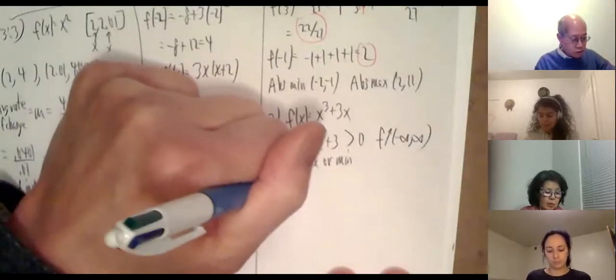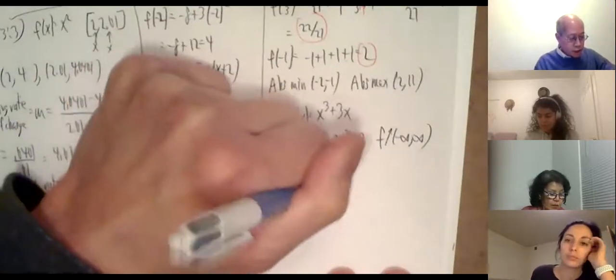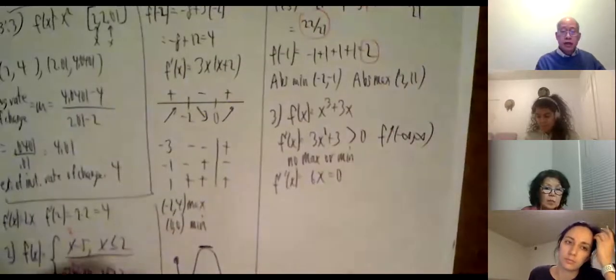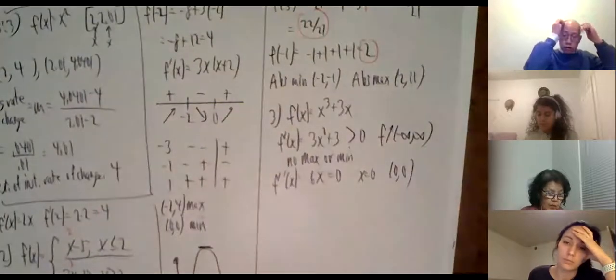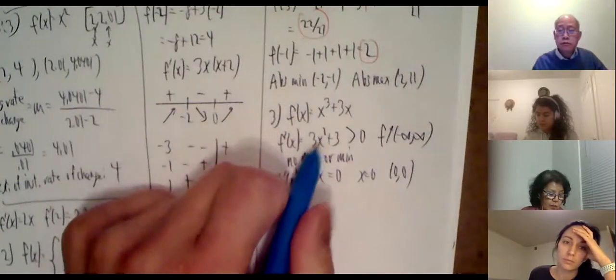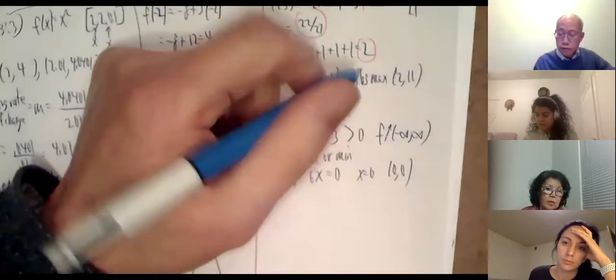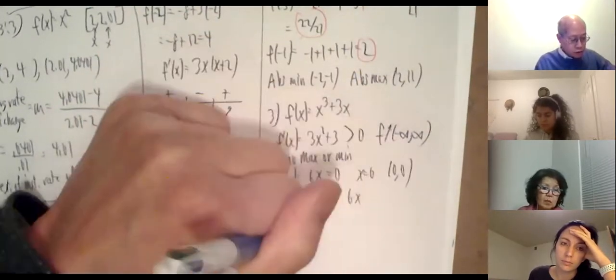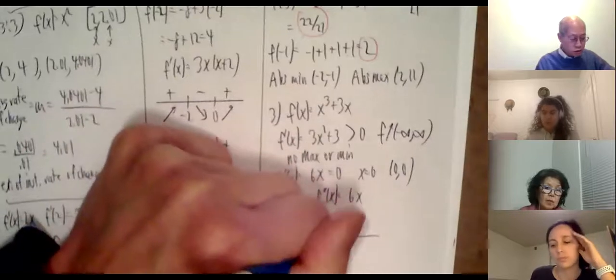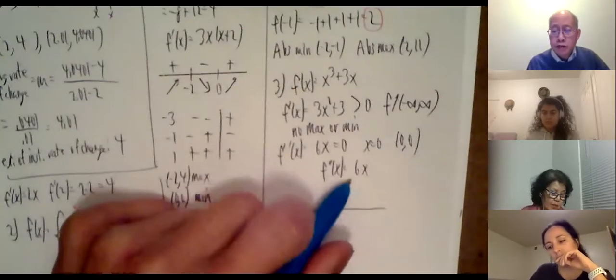Okay, I can do the second derivative. 6x. Set that equal to 0. That's easy. x equals 0. So the ordered pair is 0, 0. Quick sign chart. That's also very easy. The second derivative is 6x.